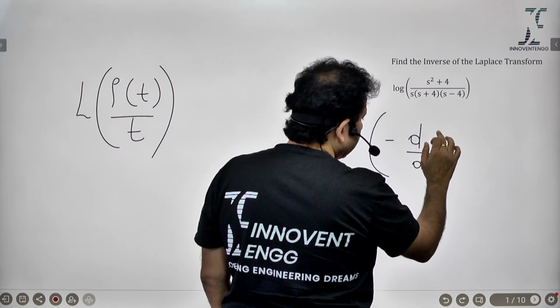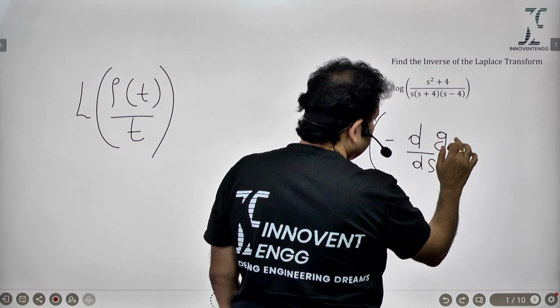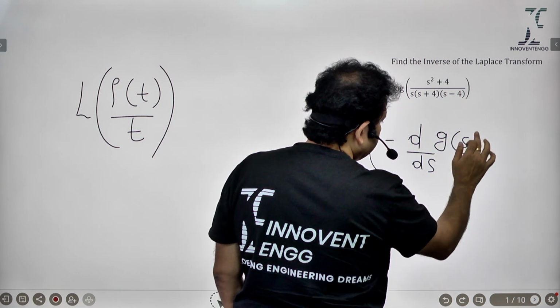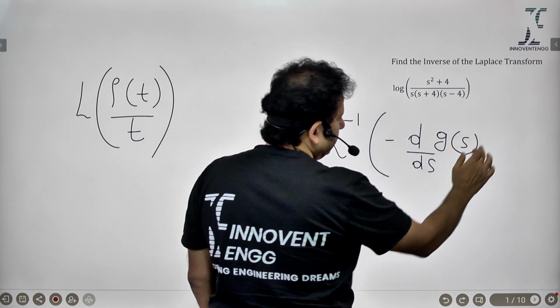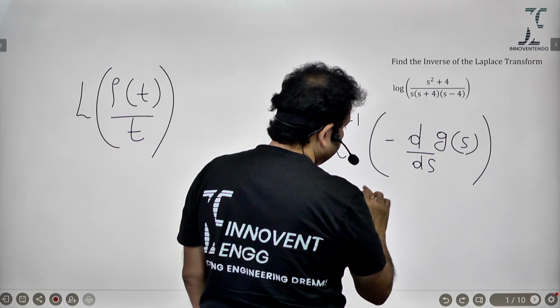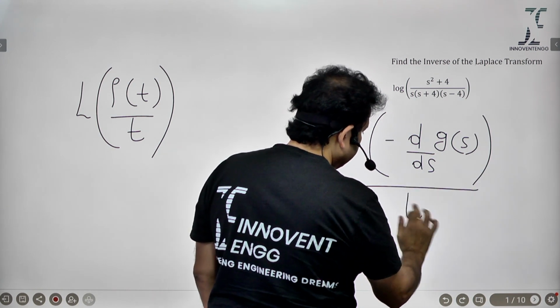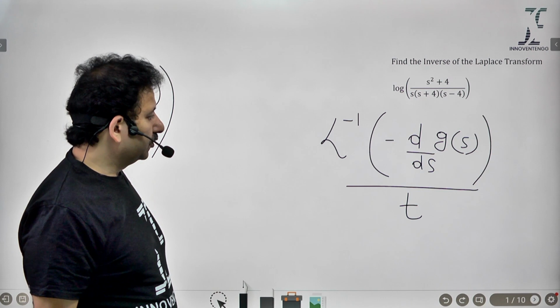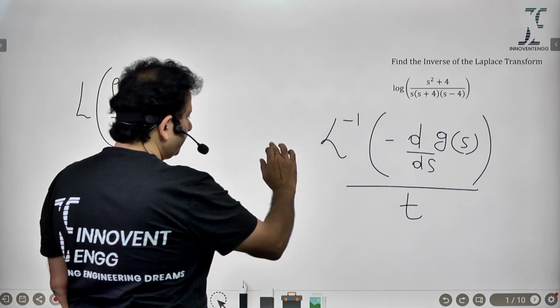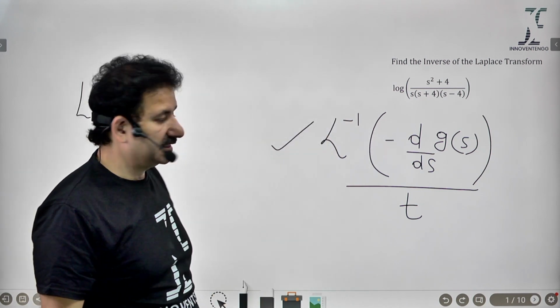Let us say this to be g of s function, and then you would finally divide this by t. Finally divide this by t, so that you get your inverse Laplace transform.